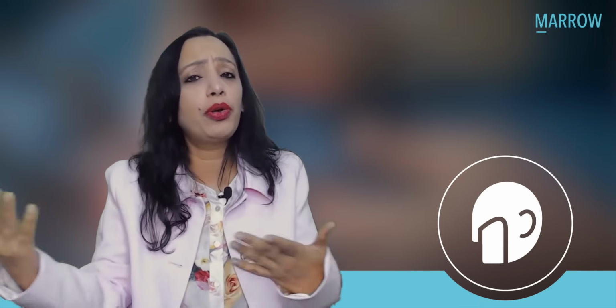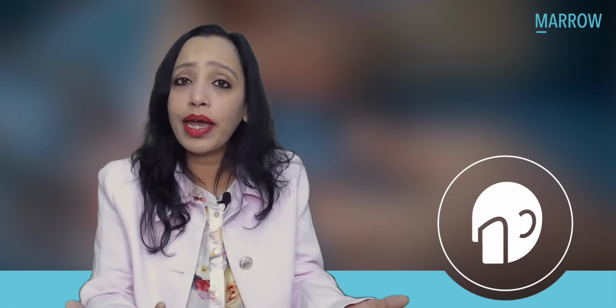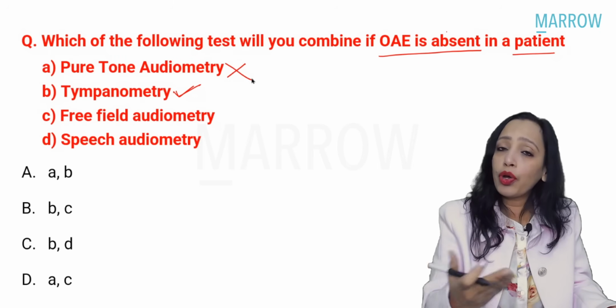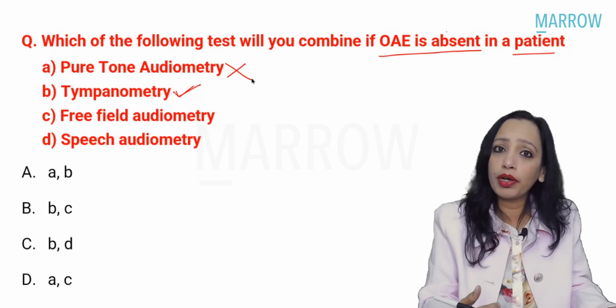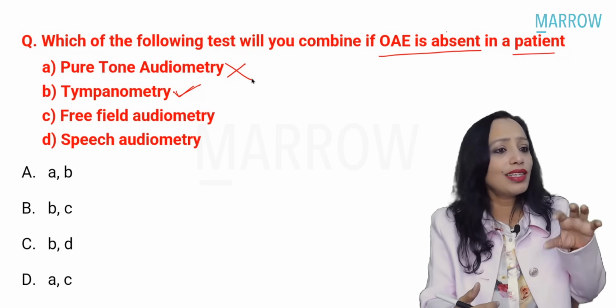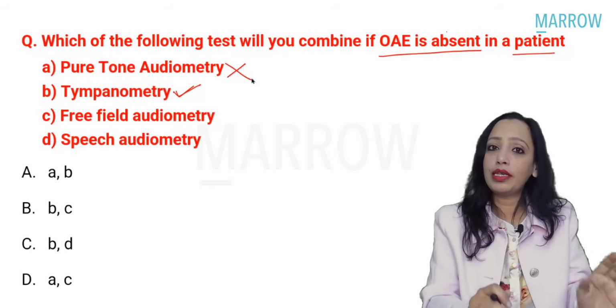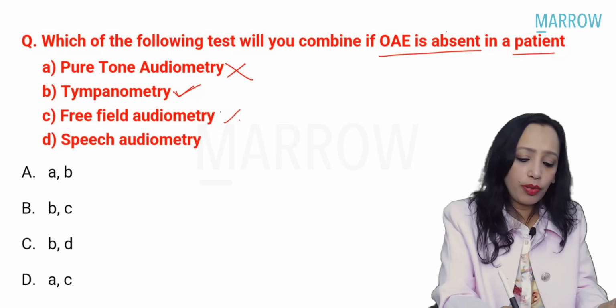What will you gain by doing a free field audiometry? You give the sound, the child will not respond because his cochlea is not functional. What more will you get after doing otoacoustic emission if you're doing a free field audiometry? So this pure tone audiometry, or if at all free field audiometry also, these are preliminary tests. The otoacoustic emission has to be done after these. So no, not free field audiometry also.